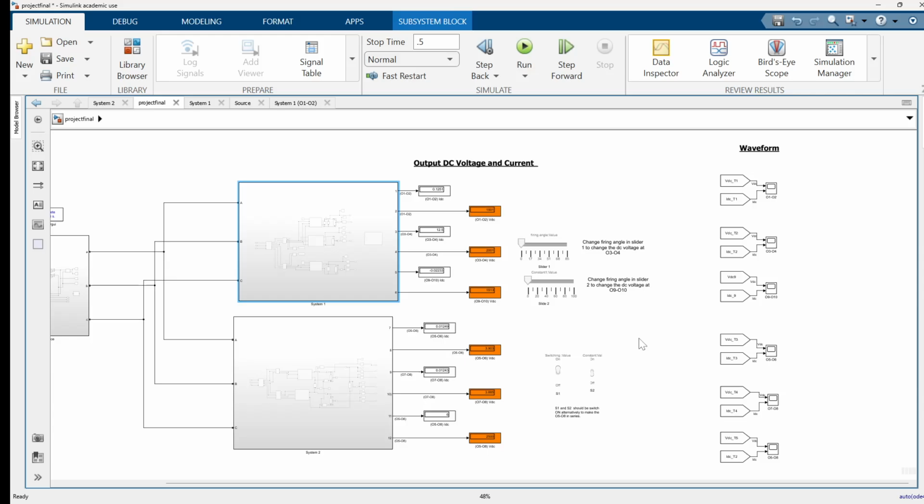However, you can see that there is inconsistency, or we did not get a perfect output voltage. Some output voltages are higher, some output voltages are lesser.